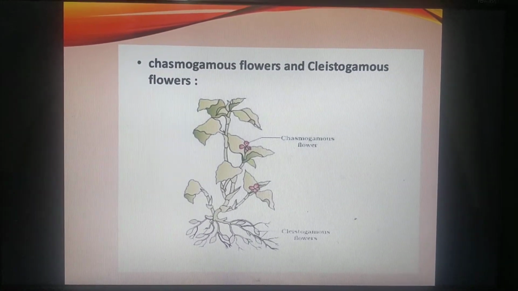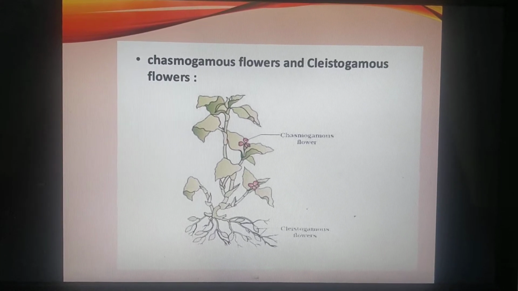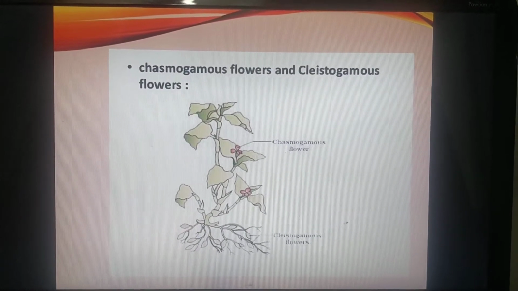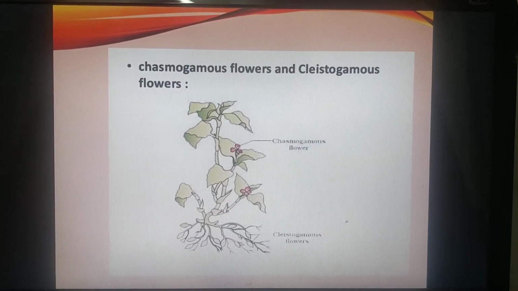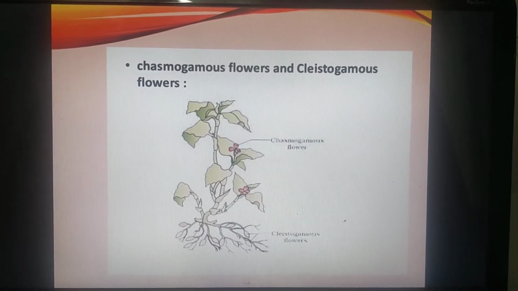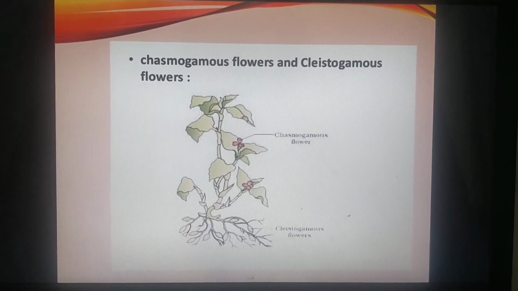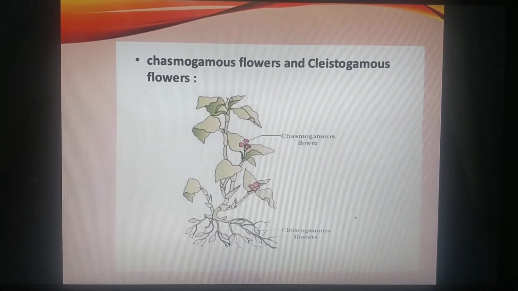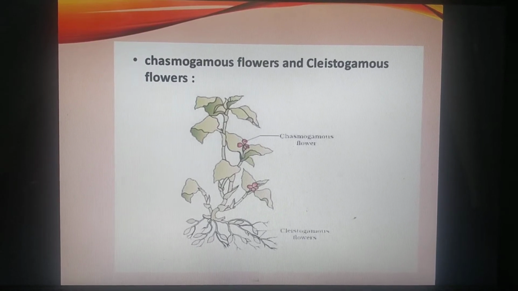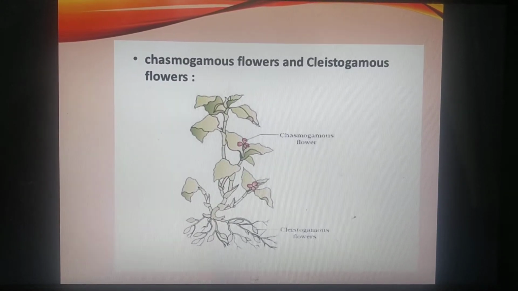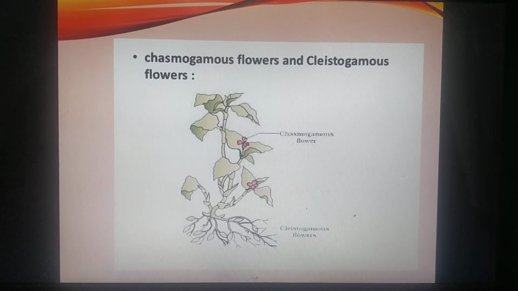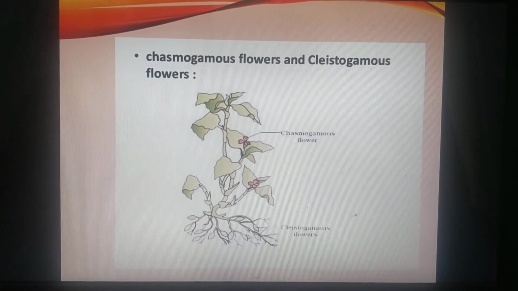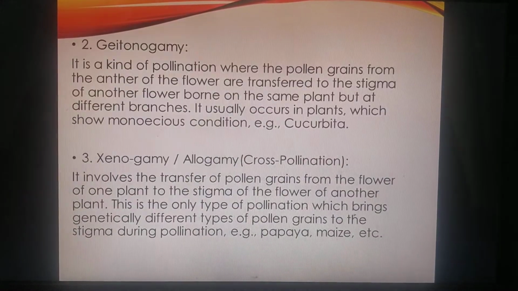They are open. They have exposed pollen grains and stigma and they are similar to the flowers of other species. So within one plant, for example, in viola and oxalis, two types of flowers are produced, where self-pollination can occur as well as cross-pollination like the other flowers.